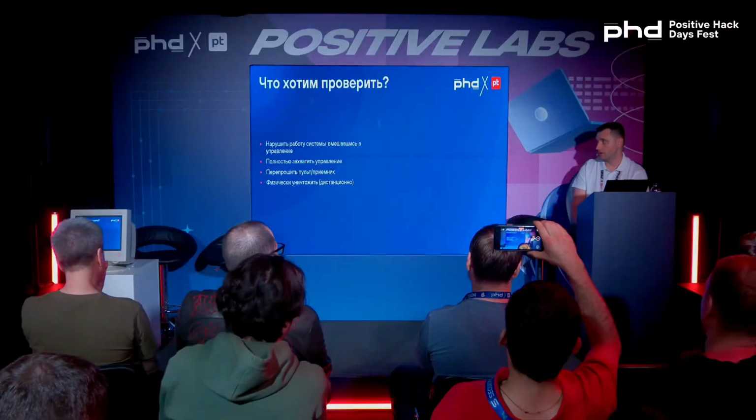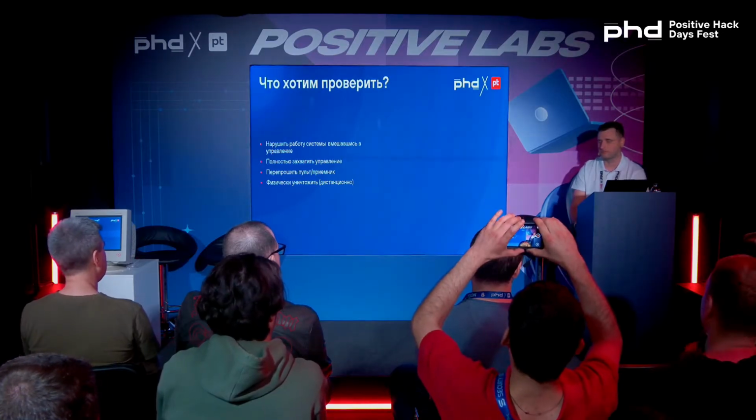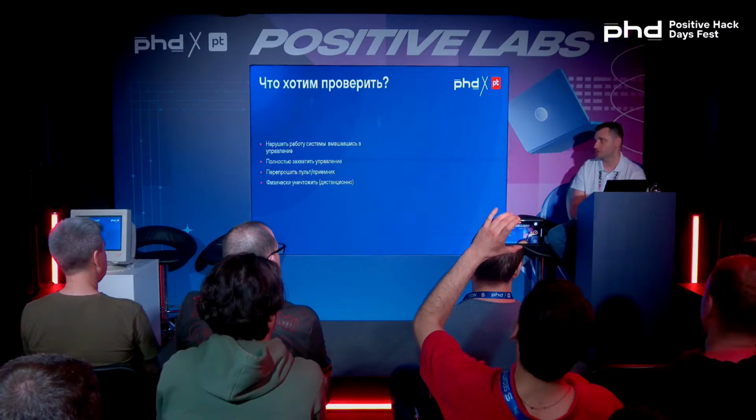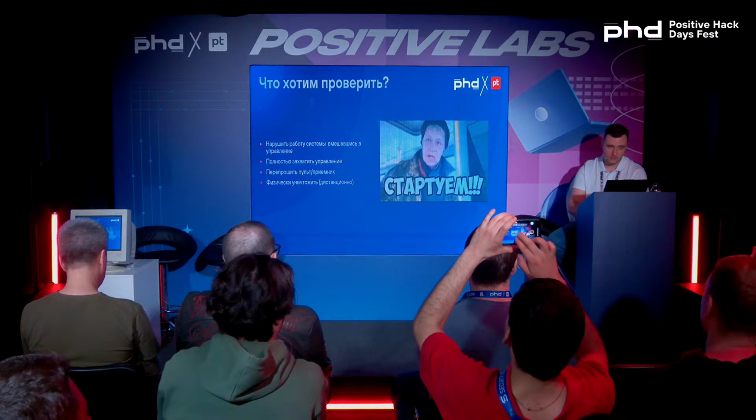What I mean by physical destruction: you have a receiver, a signal, and once you send a signal that would execute a code, in essence, your device would turn into a brick. So the question is, can we remotely, being at a distance from those devices, for instance 500 meters away, send some command so that it stops being a device at all, turning into a brick.